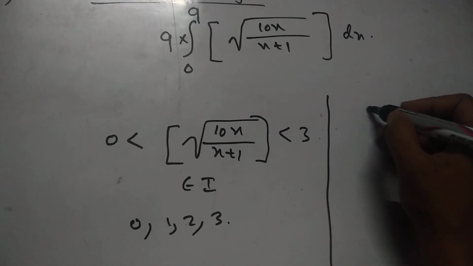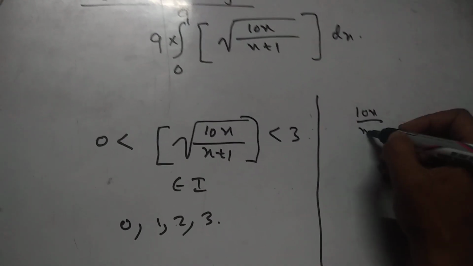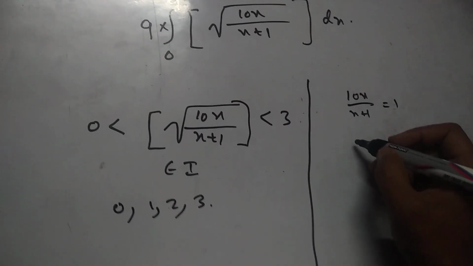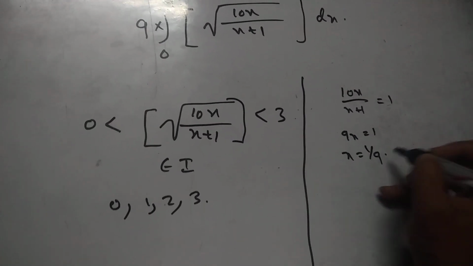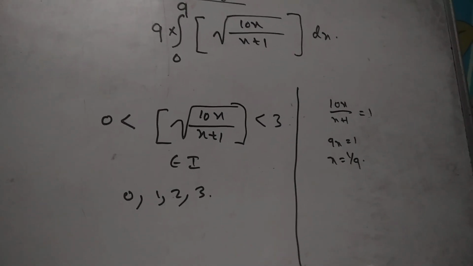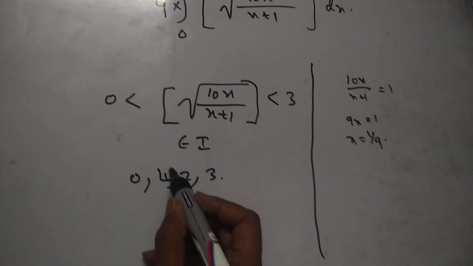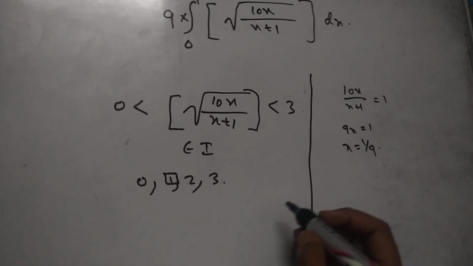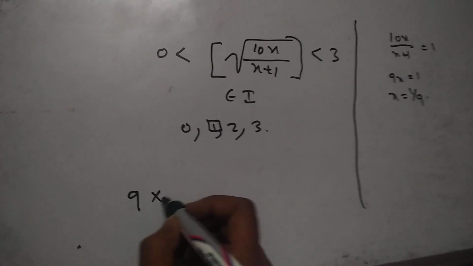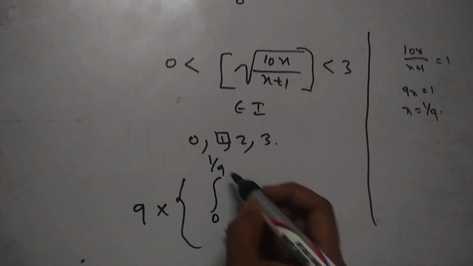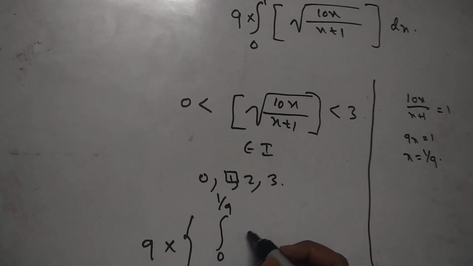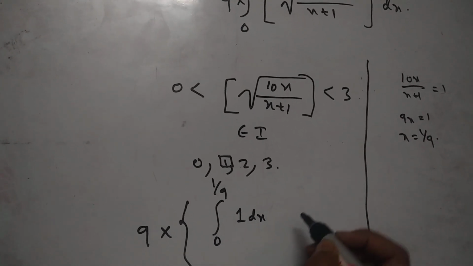Now let's say at which values you want to find out for x, right? मतलब अगर मैं 10x by x plus 1 को 1 कर दूँ, तो you get x equal to 1 by 9, right? Means this thing is 1. So the interval goes from 0 to 1 by 9, and this box value is 1 dx, alright?